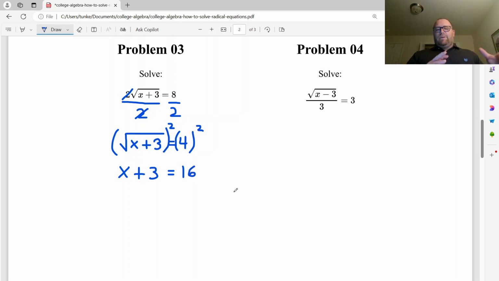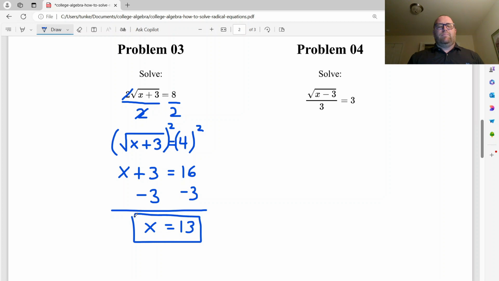Okay, so now we want to get rid of the addition of 3 on x, so I'm going to subtract 3 from both sides, doing the inverse operation here. And I get x equals 13. And we're done with this particular problem.